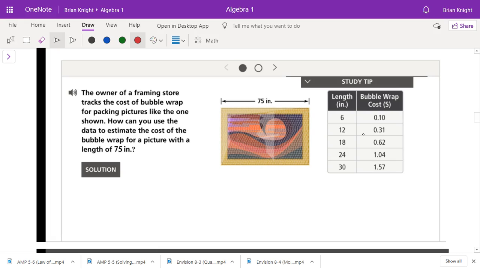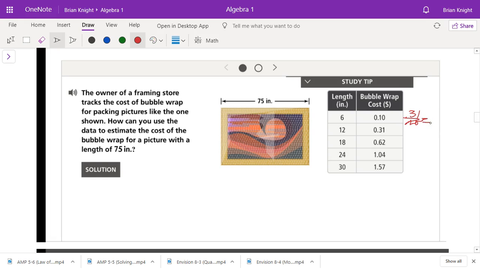So what we are going to do is, first I'm going to see which one it is. Is it linear? Is it quadratic? Is it exponential? So, it doesn't look like it's exponential because what's that? 0.31 divided by 0.1?